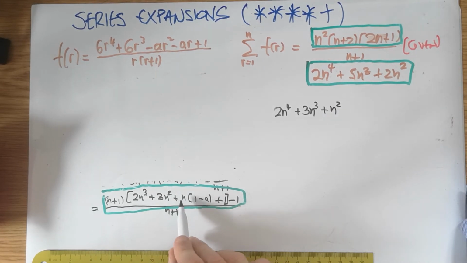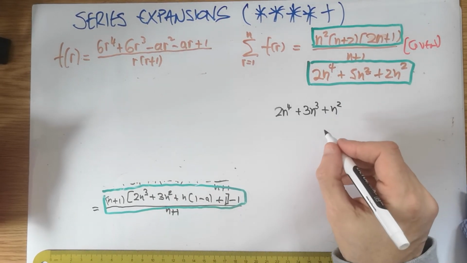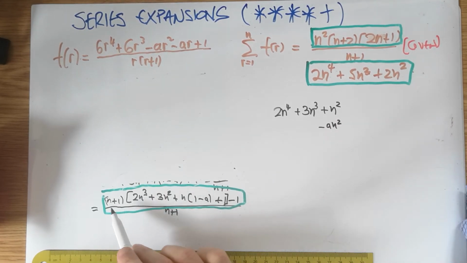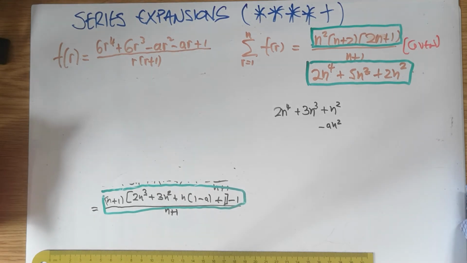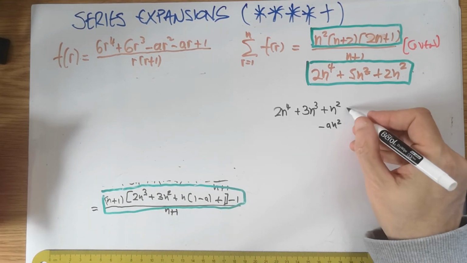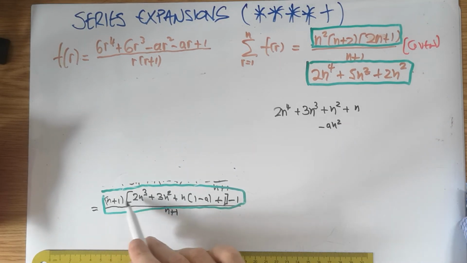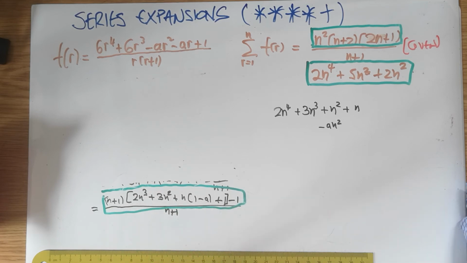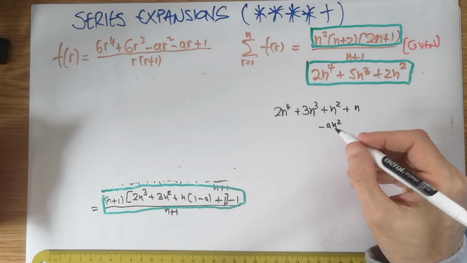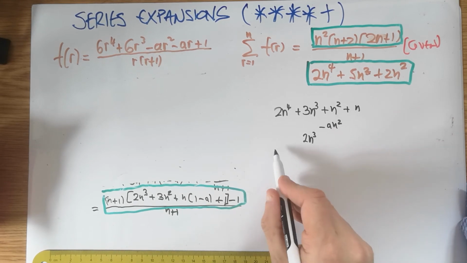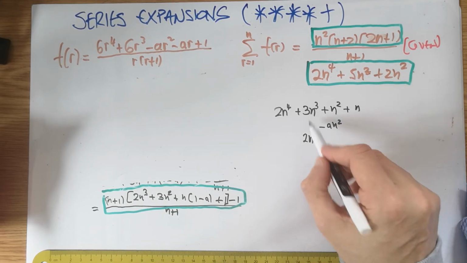But it also makes a negative an squared. I'm going to write this underneath it. So I have minus an squared plus n. So that's the n term. So I've just done so far the n times this square bracket. And then I've got 1 times the square bracket, so it's merely copying it. 2n cubed, 2n cubed. It looks quite good at the moment because that's the 5n cubed.